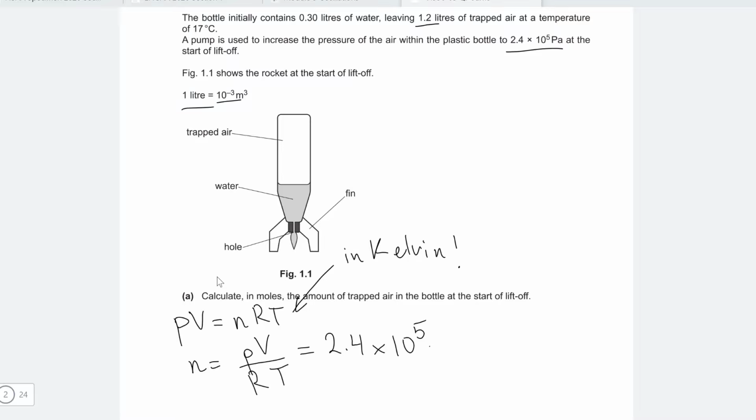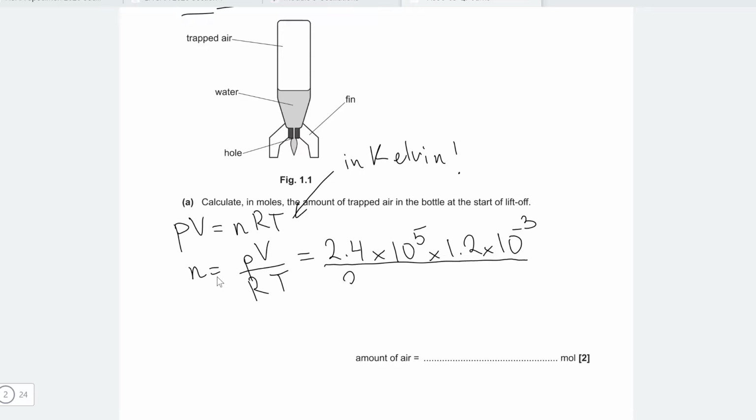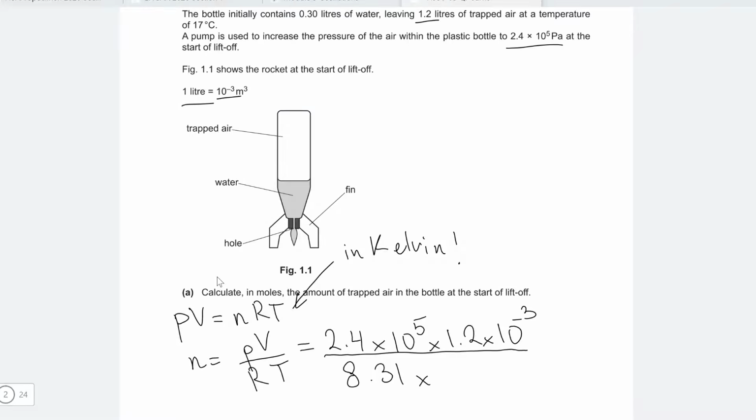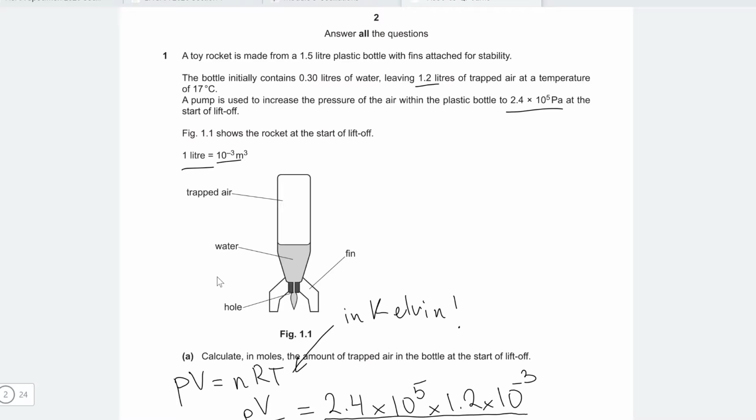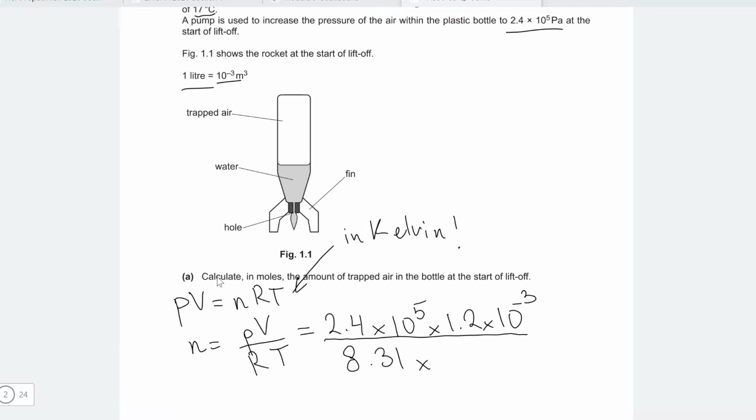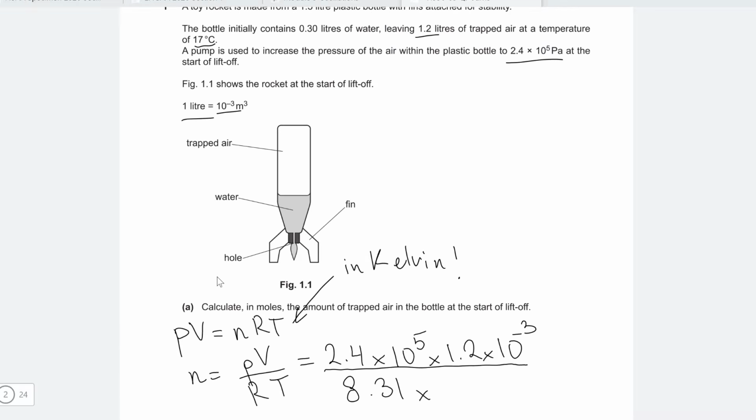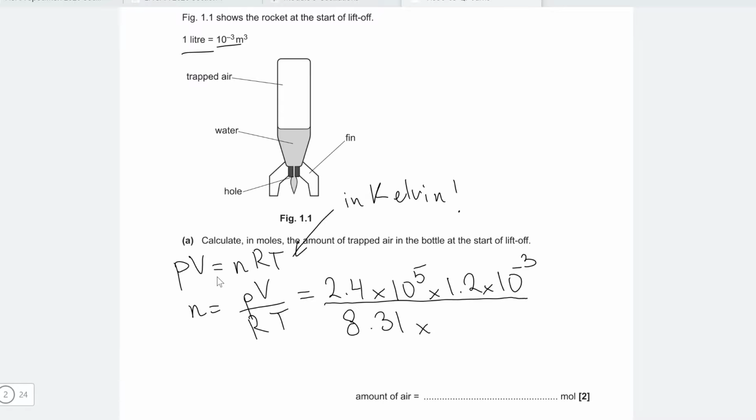Now let's divide by the gas constant, which is 8.31, multiplied by the temperature. It's given to be 70 degrees, so we need to add 273, which is going to give us 300 Kelvin.